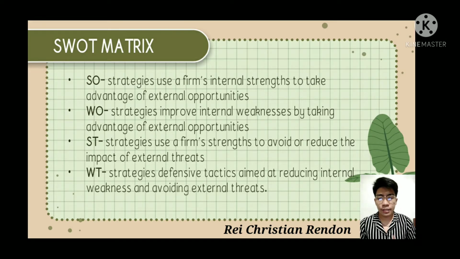Weaknesses-threats. This is definitely the most defensive position on the SWOT matrix. With the strategies created here, we want to avoid threats and minimize weaknesses. It is most often used when an organization is in a bad position.